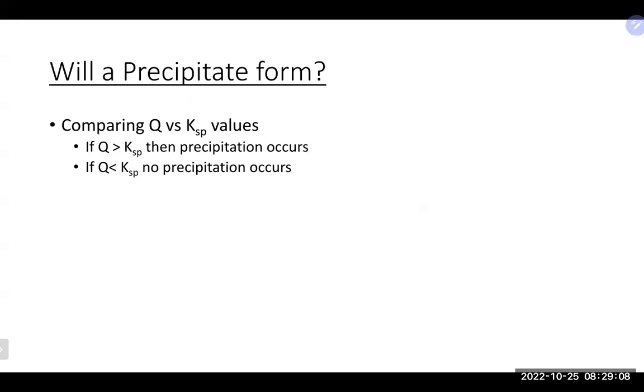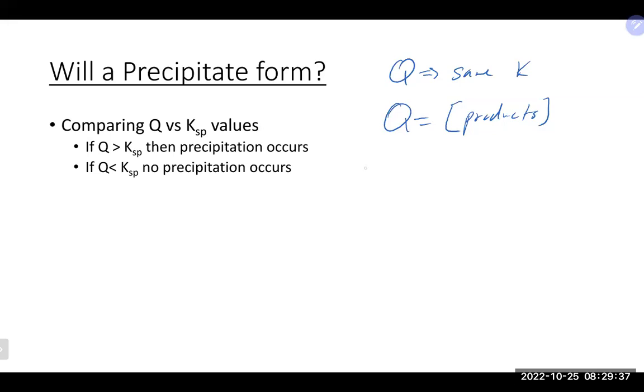So let's talk about the third important factor in terms of solubility, and that's concentration. It's the concentration of the ions in the solution. Earlier, we talked about Q, and a reminder that we calculate Q the same way as we do K. So Q in this case would be our products.